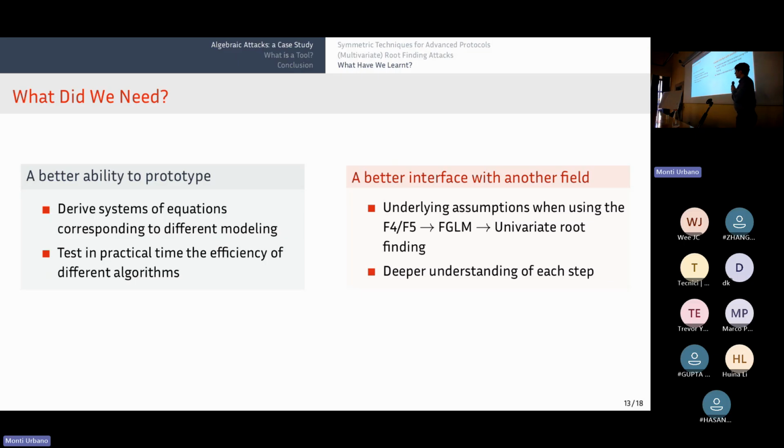But also what we would have needed was a deeper understanding, to be better at multivariate root finding as designers. Because then we could have seen the flaw in our reasoning, which was that F4, F5 would be super slow, so we would be safe. So what we needed was better tools.